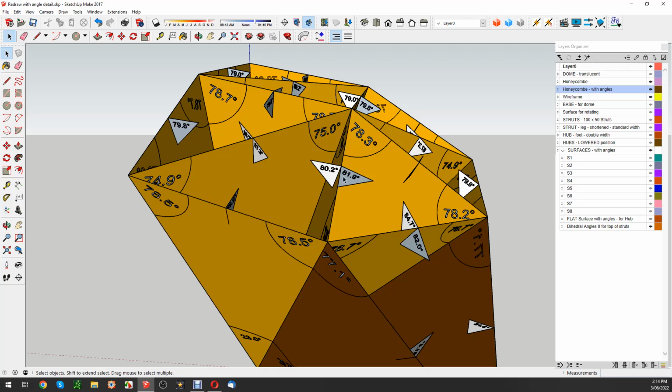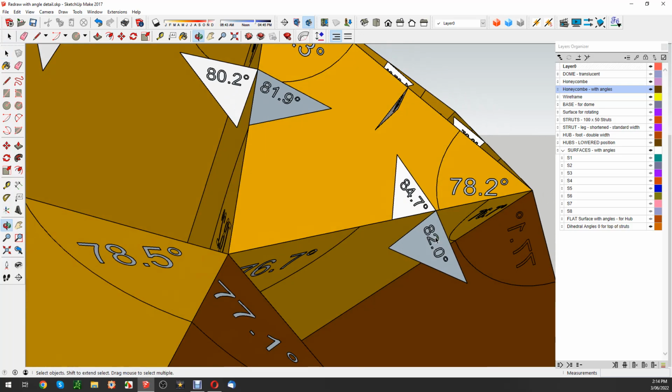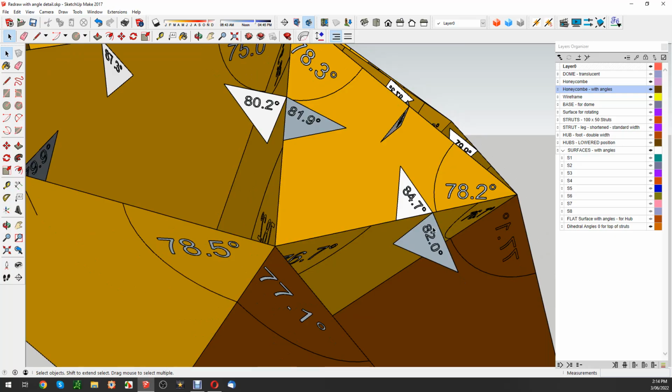Or, now that you know what it is, you can make adjustments as you see fit. Here, there's a 2.7 degree difference. So that one you might actually want to try and tweak whatever method you're using to create the dihedral angles. You may want that measurement.